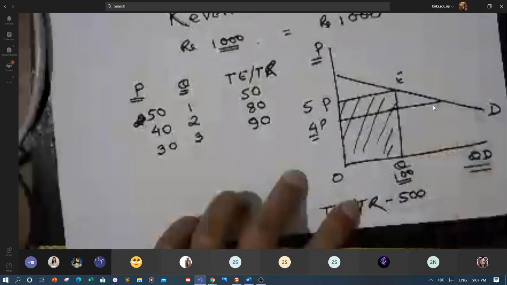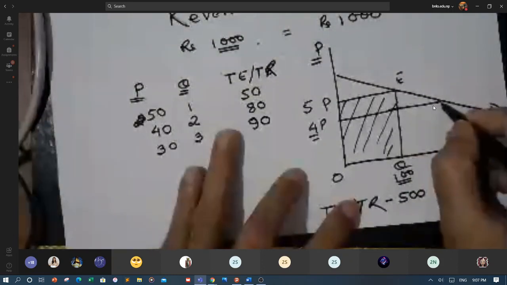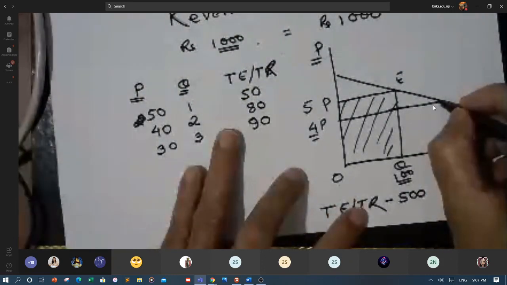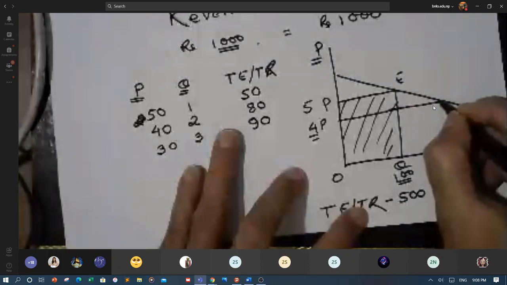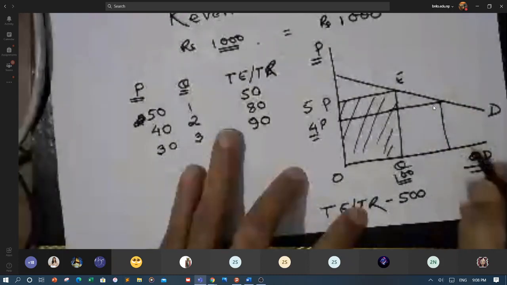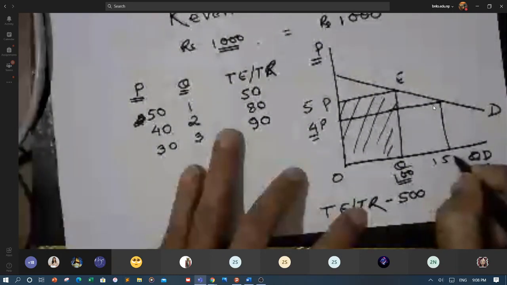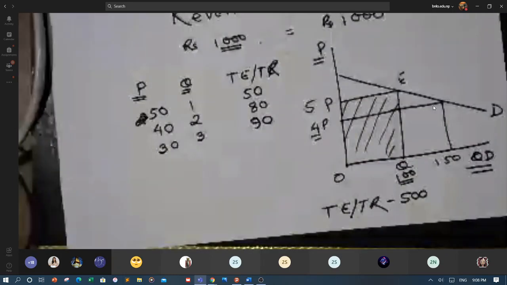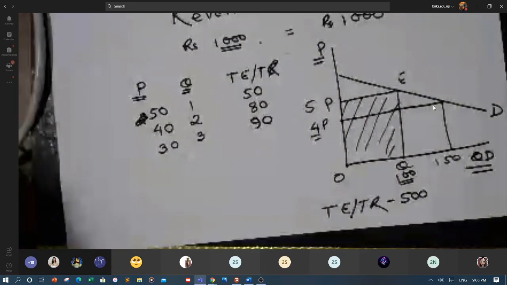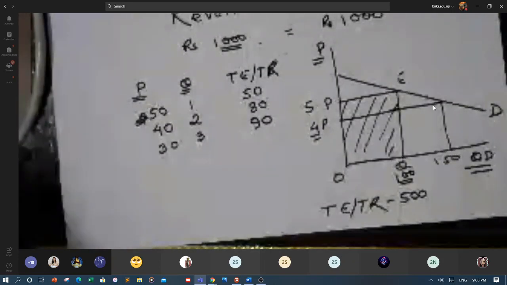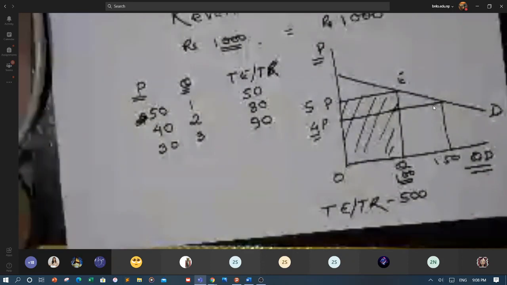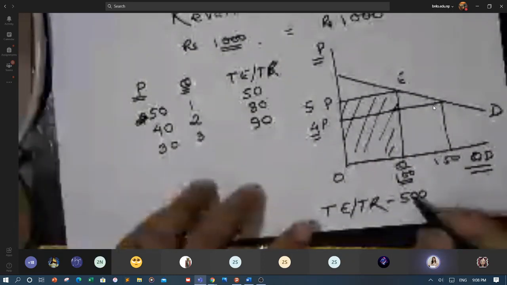And you purchased 150 units. What happened to your total expenditure? How much did it become? Yojana? Sir, 600. Yes.